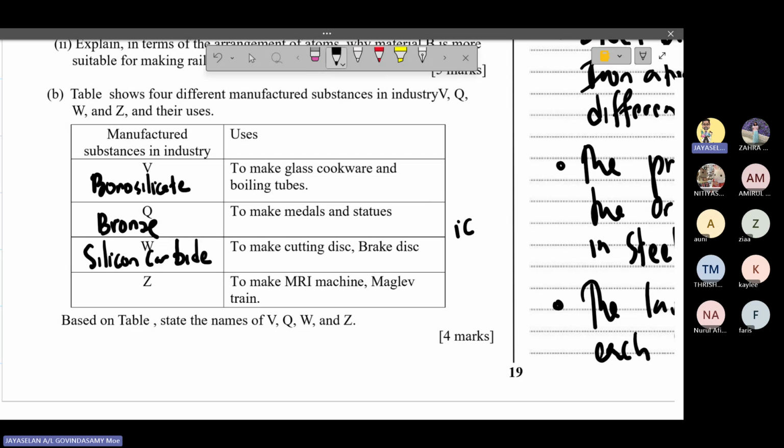MRI machine, Maglev train. This is under superconductor. Conduct electricity with no resistance at very low temperature. Understand? Okay, so 4 marks already scored. You just put Y, YBCO. Superconductor is metal.